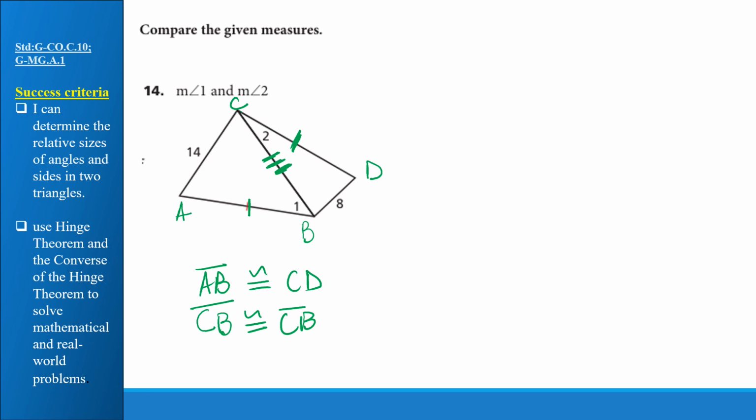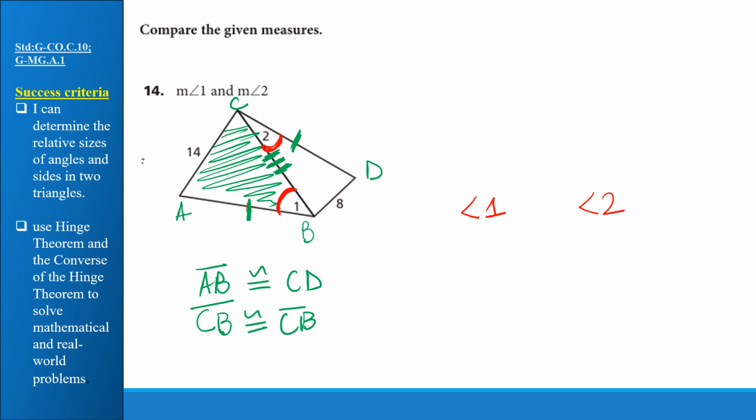So what is the included angle? Between the two congruent sides, angle 1 is there. I am writing angle 1 here. For the other two sides, angle 2 is in between. Now let's take our decision.